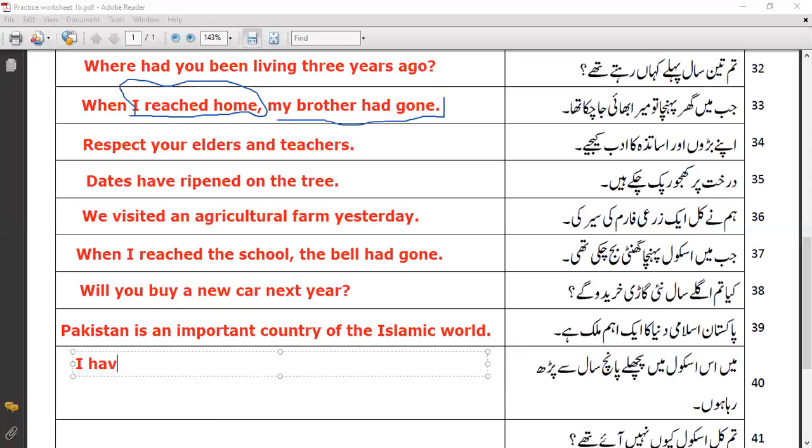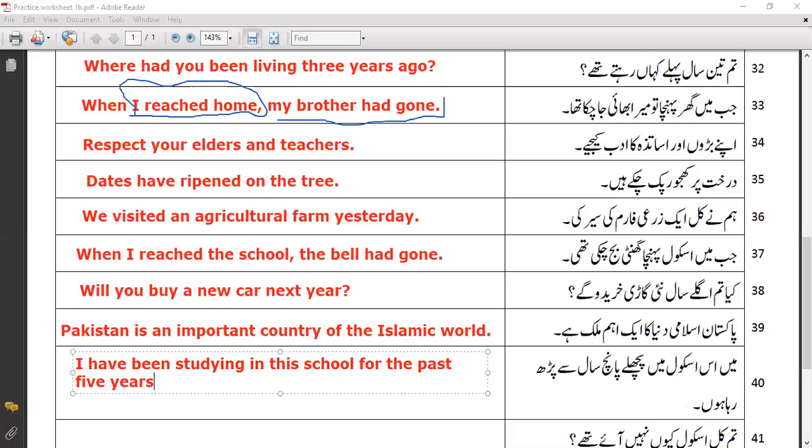I have been studying in this school for the past 5 years. Okay, I have been studying in the school for the past 5 years. This is how you translate this sentence.